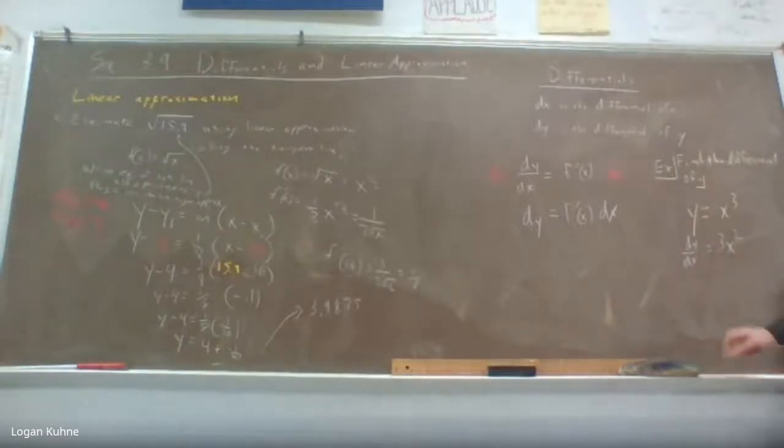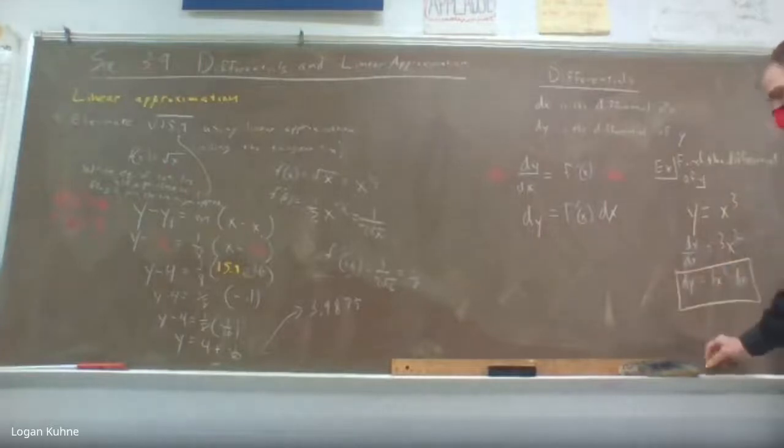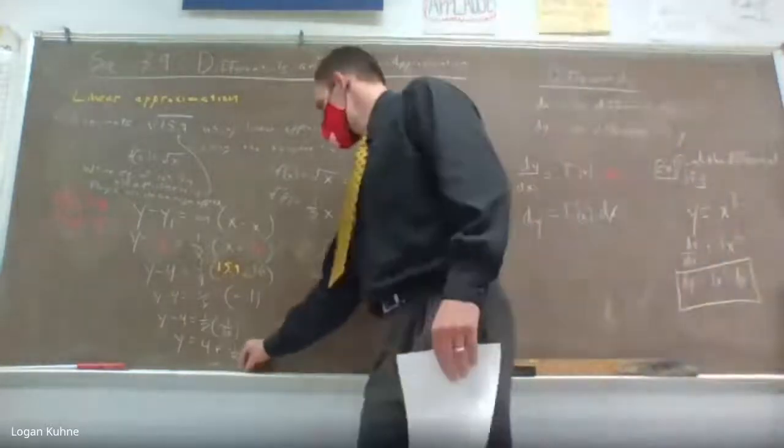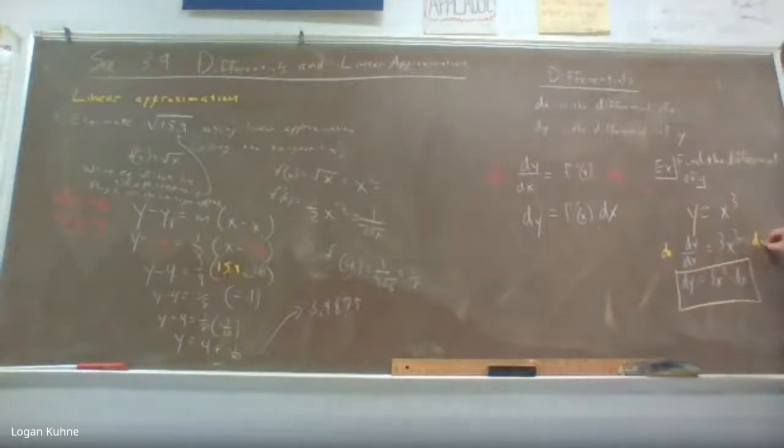How do you get the differential? dy is equal to 3x squared times dx. That's it, you're done. Seriously. Yeah, I told you it was easy. You just multiply both sides by dx. Those cancel out. And you have dy is equal to 3x squared dx. Super easy.